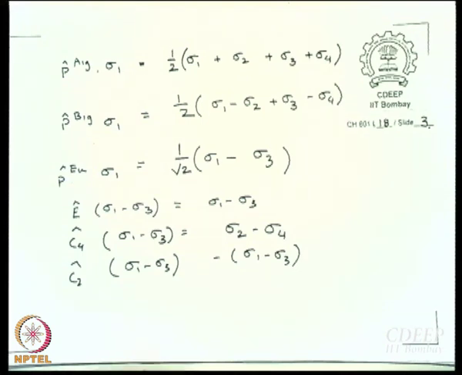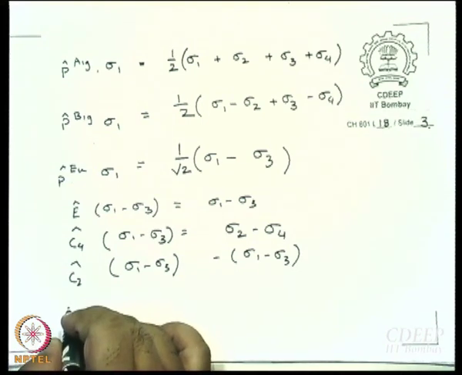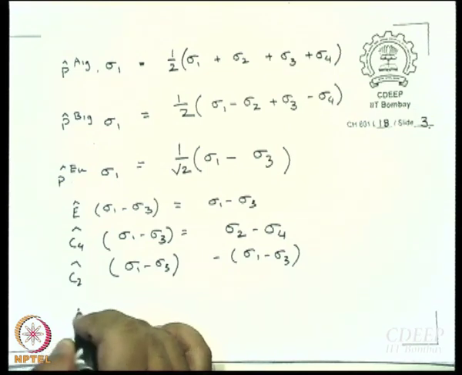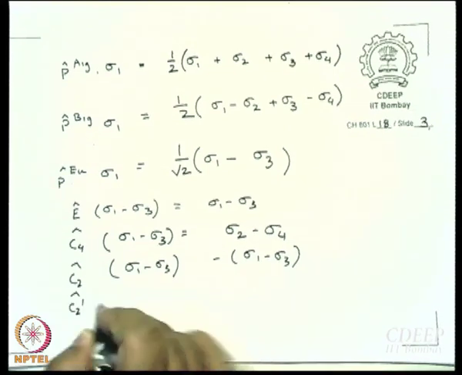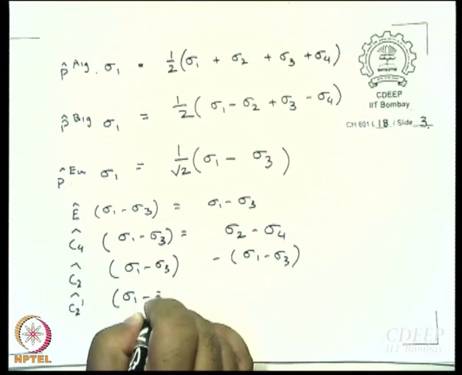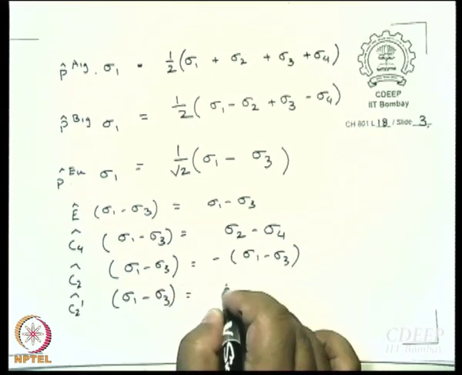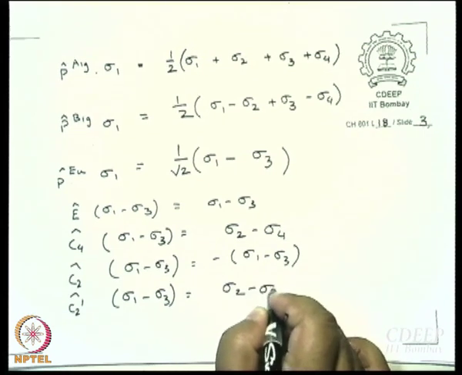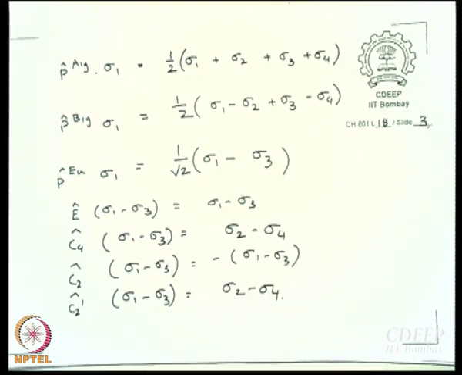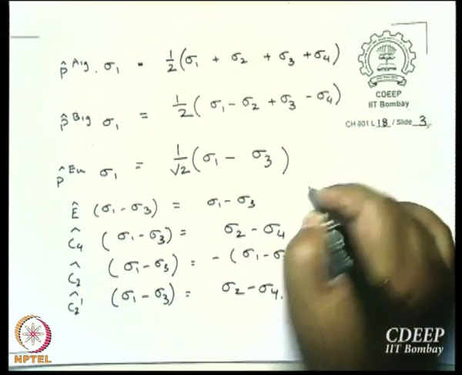What is next? C2 dashed operating on sigma 1 minus sigma 3. What do we get? Sigma 2 minus sigma 4 once again. So now the suspicion is getting stronger and stronger that sigma 2 minus sigma 4 seems to be the other SALC.